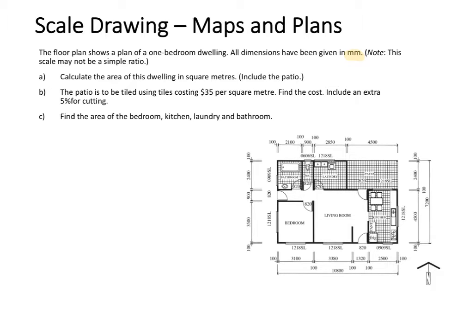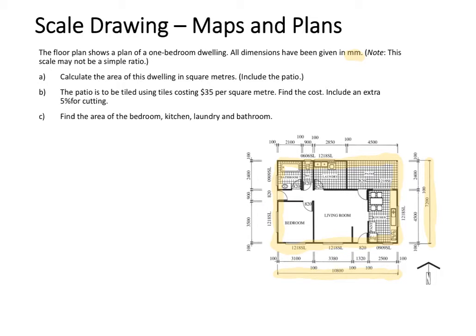Having a look at the plan, we can see that all up, the area of the dwelling is shaped like a rectangle. So to calculate the area, we need to multiply the length times the width. Looking at our total length, down the bottom of the plan, we can see that is 10,800 millimeters, and the total width is going to be 7,200 millimeters.